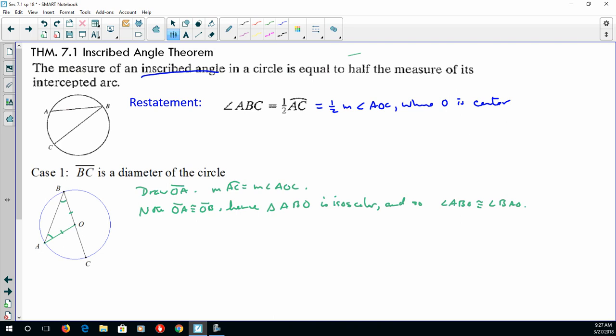Angle AOC is an external angle for triangle AOB. What that means is the measure of angle AOC is equal to the sum of the measure of angle ABO plus the measure of angle BAO.